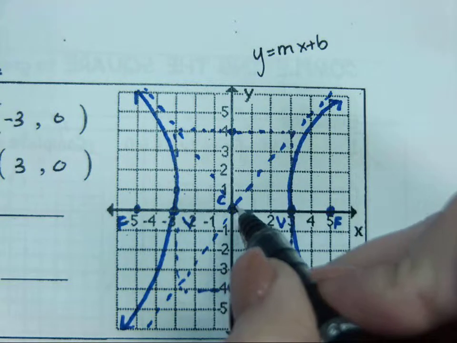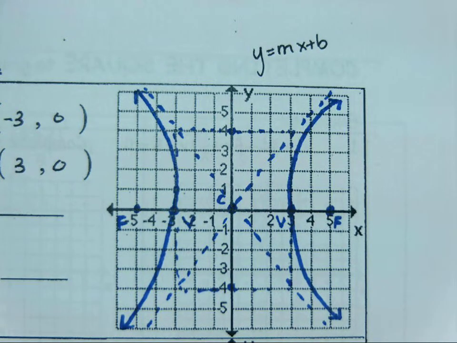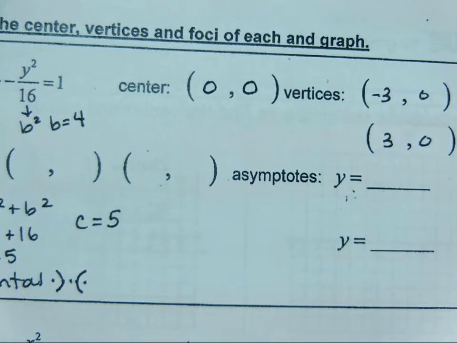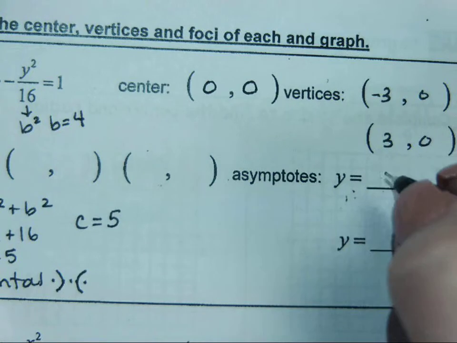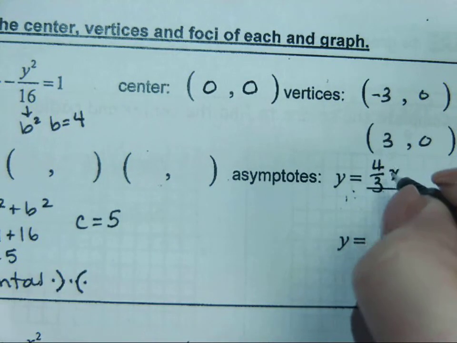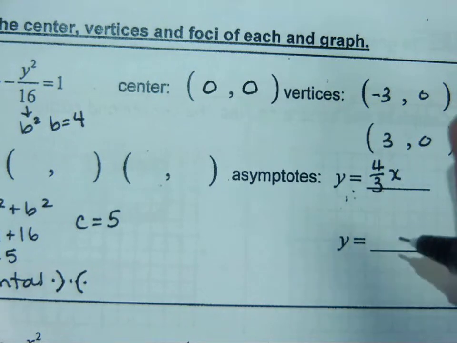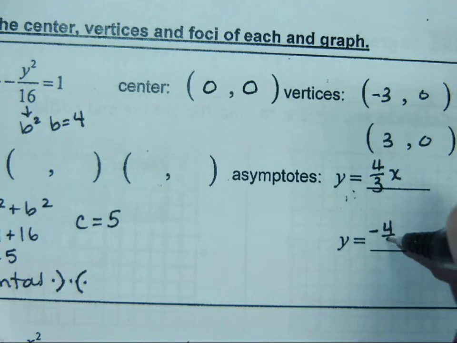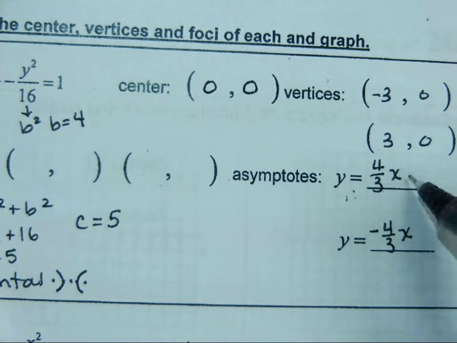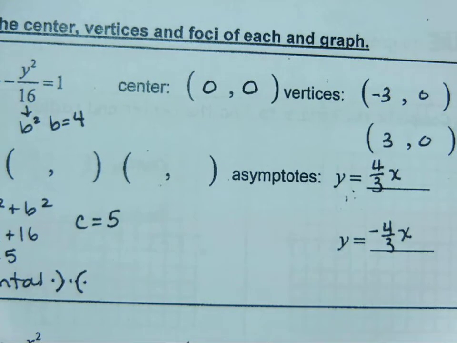And since I'm going through the origin, I'm not going to have a y-intercept. So when I come here for my asymptotes, I'm going to have to use that information. So I'm going to create an equation with b over a times x and negative b over a times x, because that's the slope of my asymptote, and I don't have a y-intercept to be able to write. So you can write plus 0 if you want.